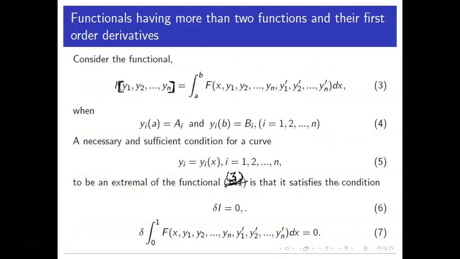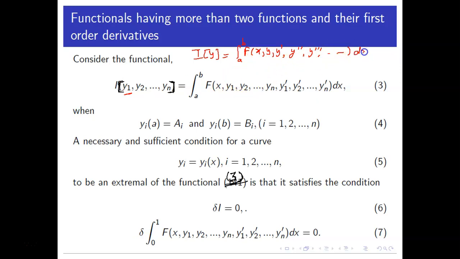So now the next generalization is functionals having more than two functions and their first order derivatives. In the basic form we had only I of y, and on the right hand side we had the integral from a to b of f of x, y, y dash, and in the last case we generalized it by involving derivatives of higher order.